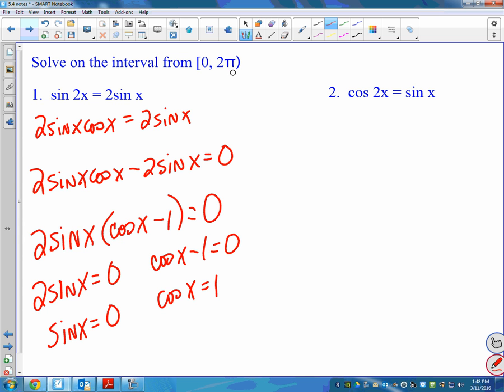So we should be able to do this without a calculator. Tell me where does sine equal 0, where does cosine equal 1? Sine is y, so where does y equal 0? At 0, pi, but not 2 pi because it's not included. Where does cosine equal 1?